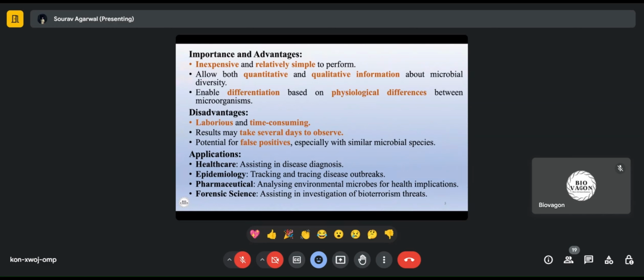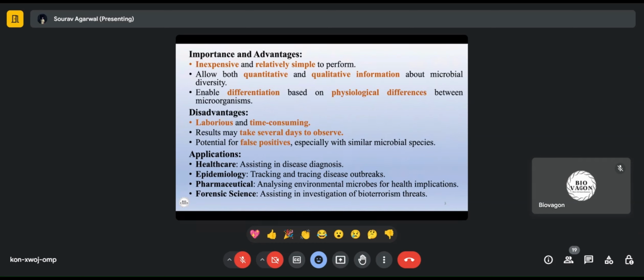On the other hand, biochemical tests are very lengthy, which means that every time we perform a simple test, there are a lot of steps that we need to follow.